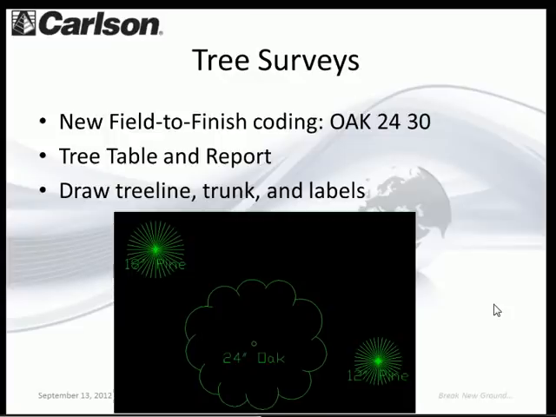And we added a new option to create a tree table and a report, and you can draw a tree line, like an outline for all the trees, kind of like shrink wraps all the tree canopies. And there's a new option to draw the circle for the trunk, and some complete control for the labels.